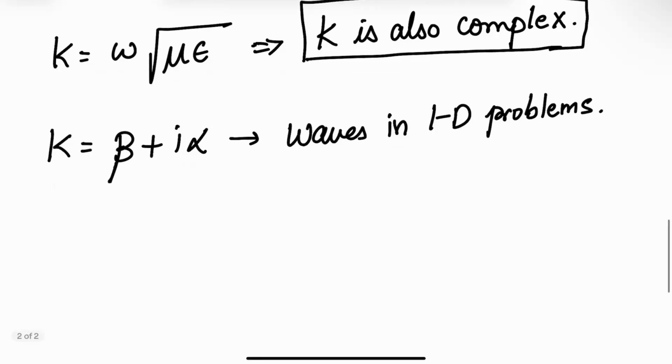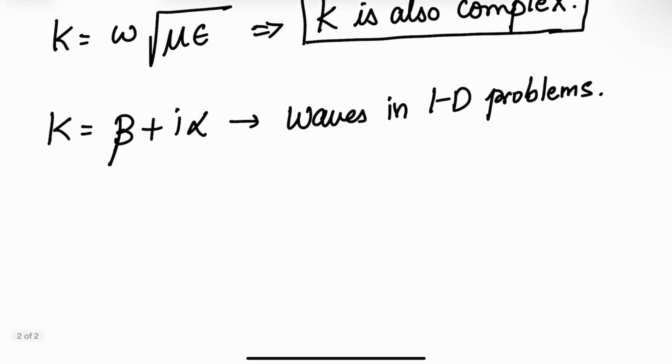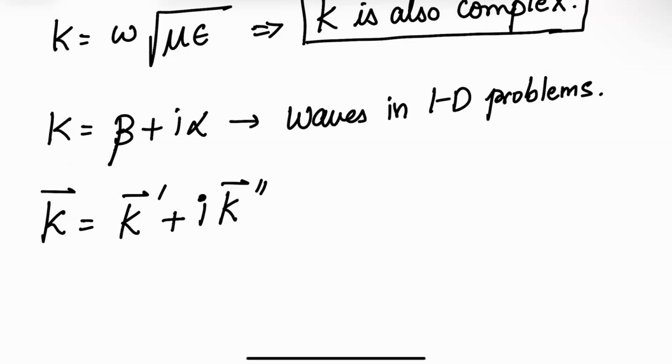This is not very convenient for us because we have waves propagating in 3D, for example a plane wave in a given direction. So what we really want is a complex wave vector rather than a complex wave number. We'll write this as k prime, which is a real wave vector, plus i times k double prime, which is the imaginary part of the complex wave vector.